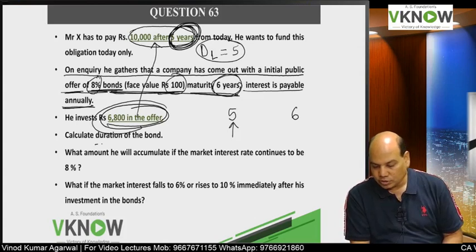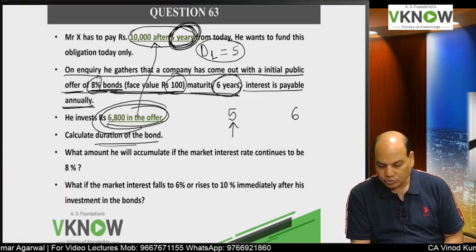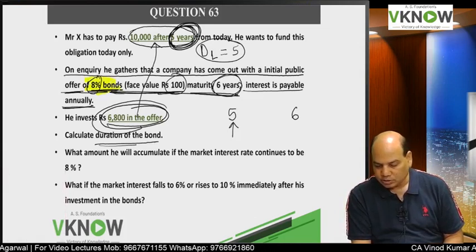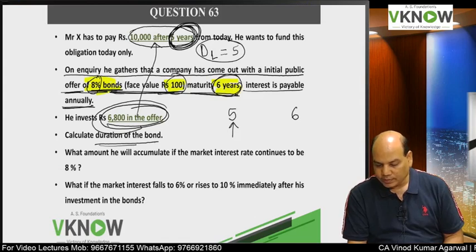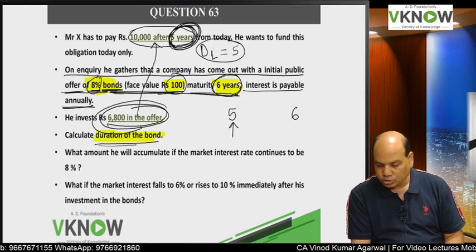So first question is, what is the duration of this bond? This bond, simple question, 8%, face value 100, maturity 6 years. So you have to find the duration of this bond. Okay, and it was issued at par, so the discount rate will also be 8%.